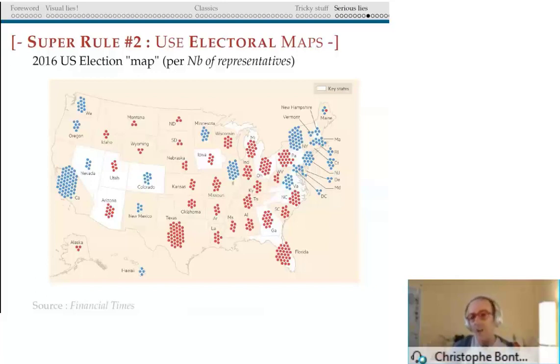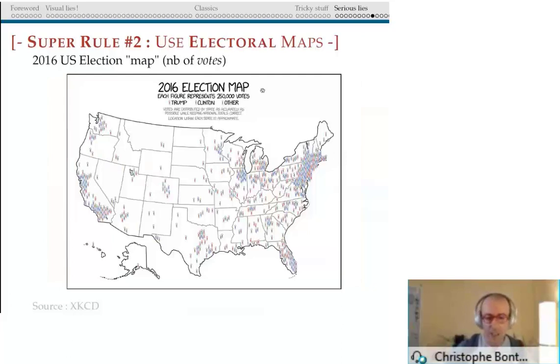That's it. You have the election, and you know exactly where. But I wanted to show you another way of representing the election in terms of votes that has been done by a very well-known cartoonist named XKCD, where he has represented each little person, because when you are interested in votes, votes are people, and people can be represented by these figures, blue, red, or even green.